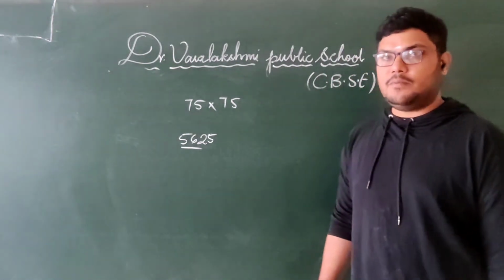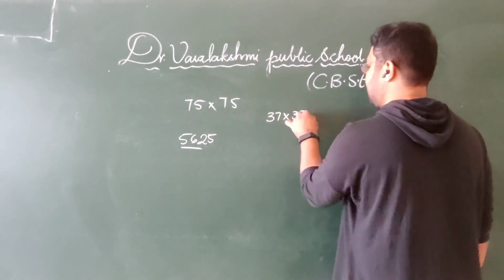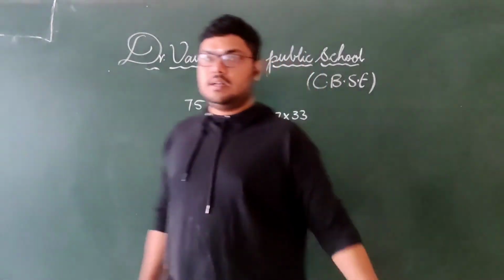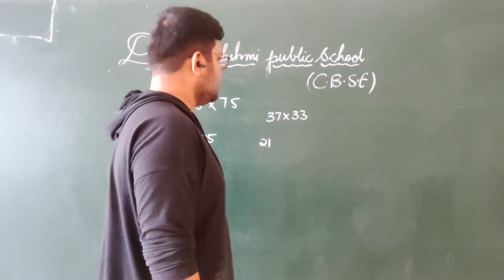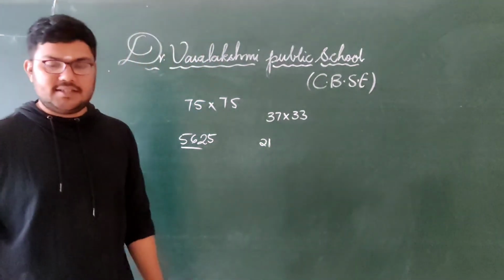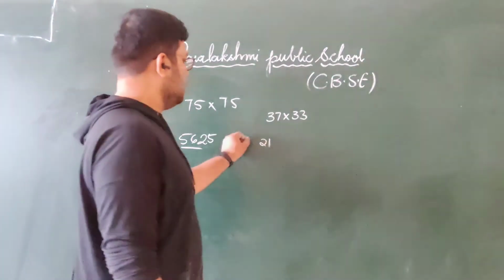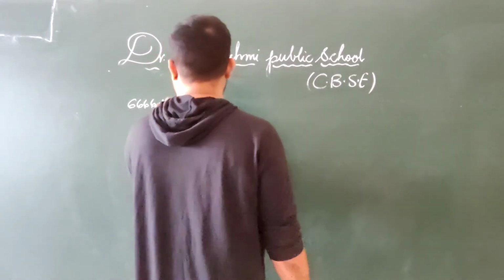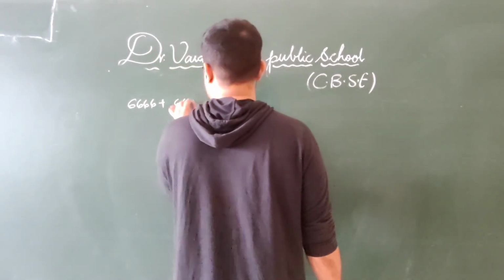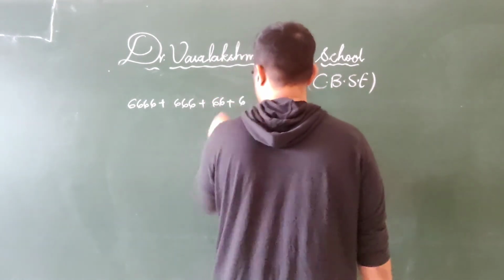Let us see one more example. 37 into 33. Right? So 7 times 3 is 21. After 3, what's the next digit? 4. 3 times 4 is 12. So 1, 2, 6 plus 6 plus 6 plus 6.